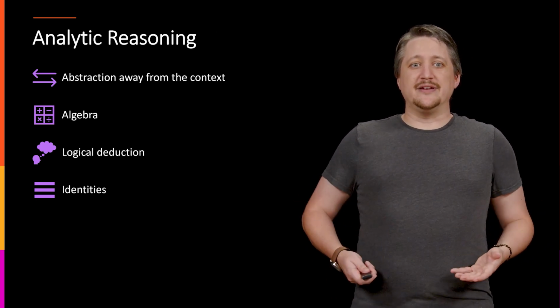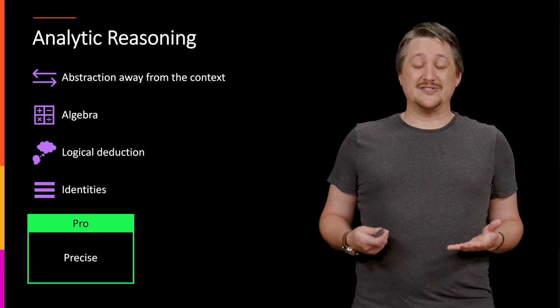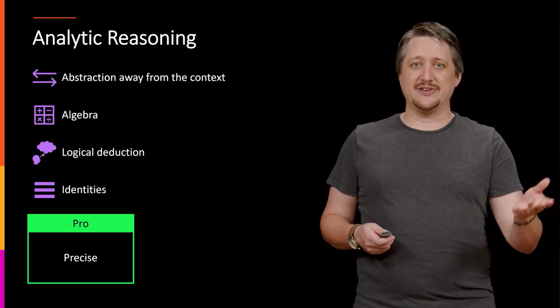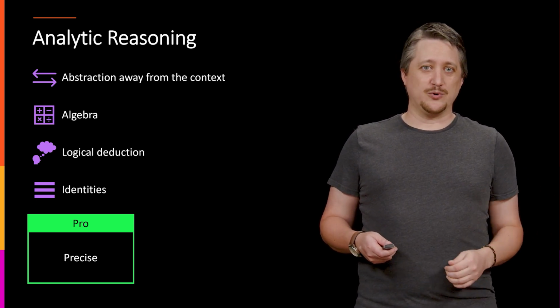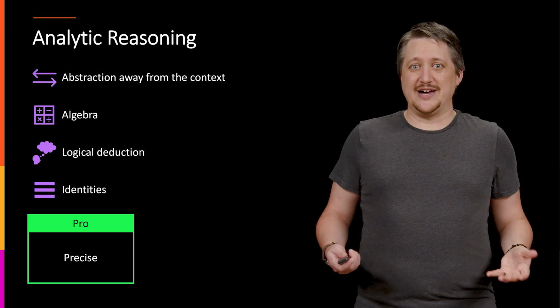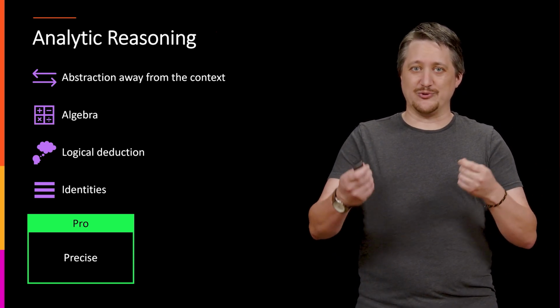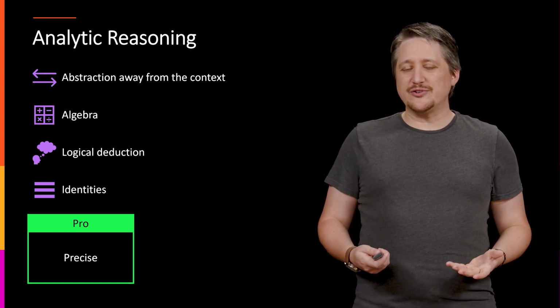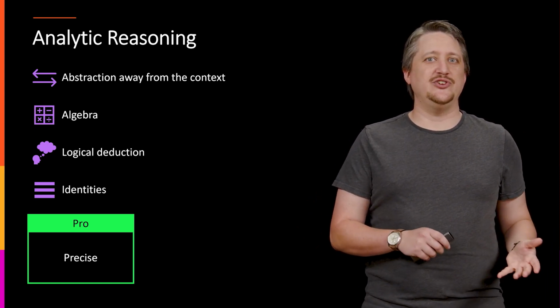So the strength then of analytic reasoning is that it's precise, right? It can actually get you the values. It can tell you the time value that you're looking for is like 3.7862 seconds, which is not a thing you would ever get from picturing the system. But what you were even looking for in the first place is probably something you got from the geometric side.